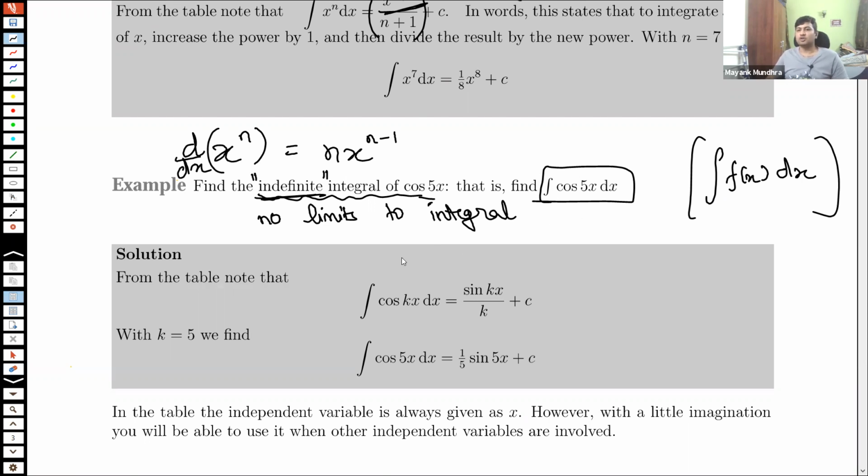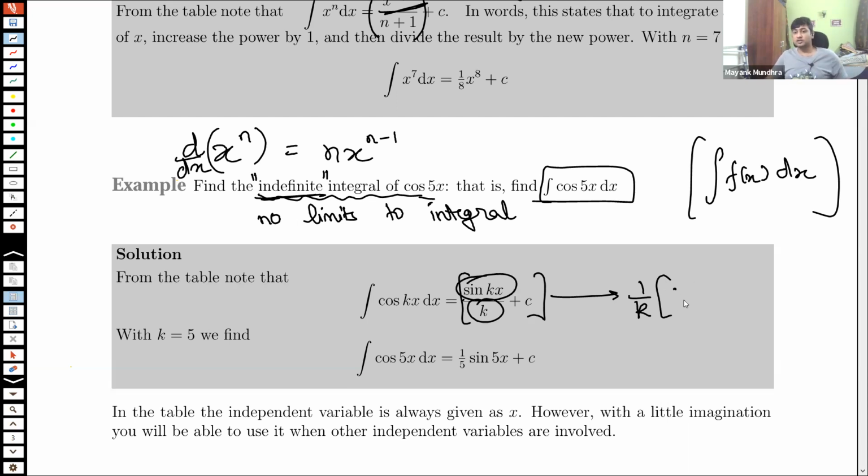So the integration of cos of pi x dx. The formula is that the integration of cos of kx dx is going to be sine kx by k, plus c. In order to check this, just differentiate it. 1 upon k is constant, so it comes outside, and then just the differentiation of sine kx.